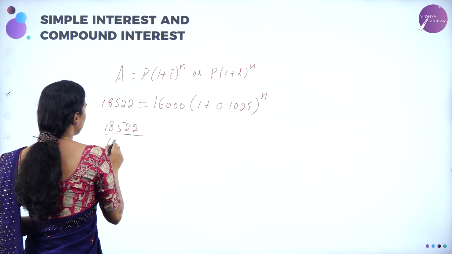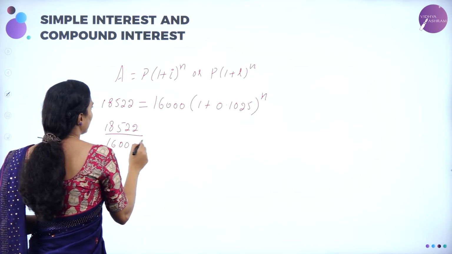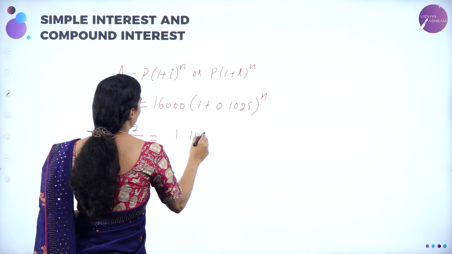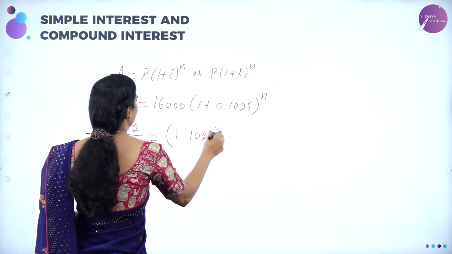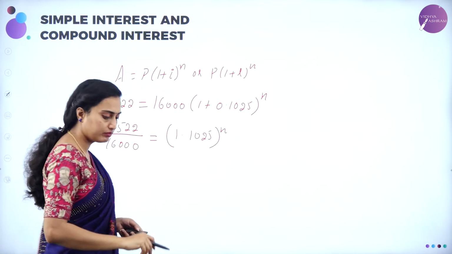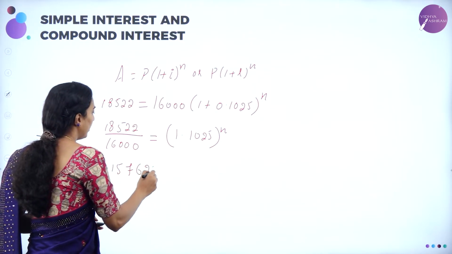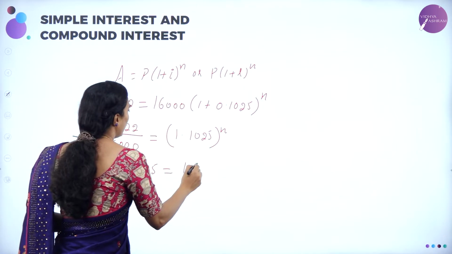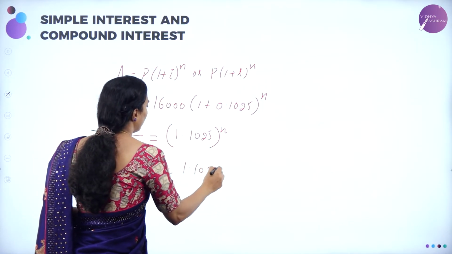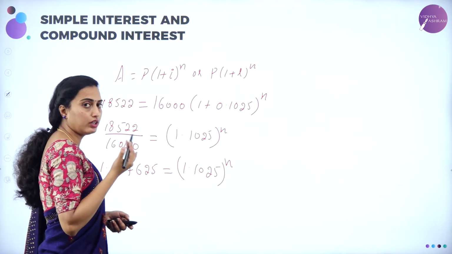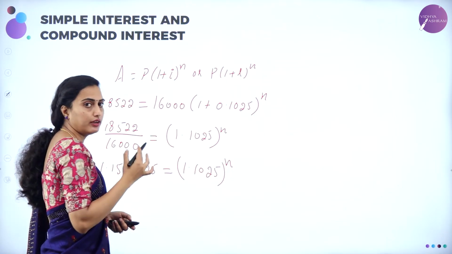18,522 divided by 16,000 is equal to 1.1025 to the power of N. Let me divide this one. 1.15765 is equal to 1.1025 to the power of N. Now I want N, so what do I need to do? Take log on both sides, right?